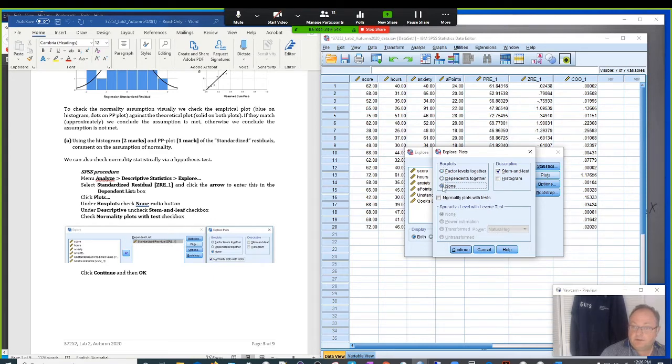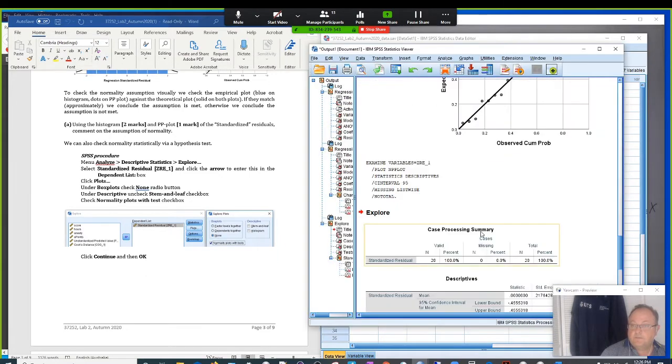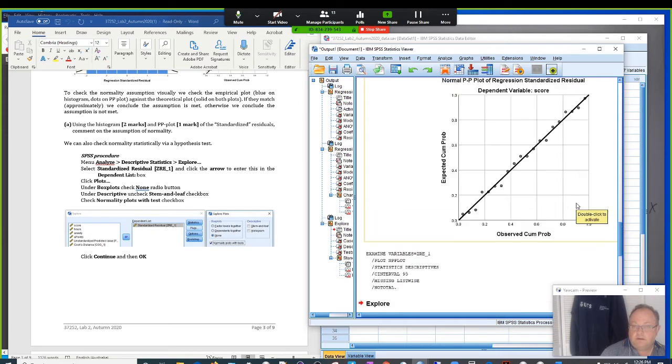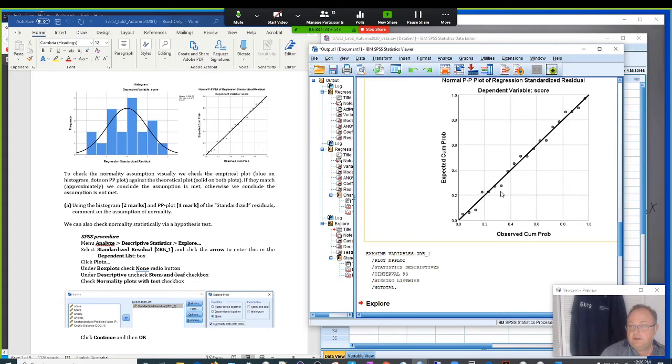We're not going to have any box plots at this point. Stem and leaf, we'll take that out. So that's the same one that we got up here. In this case we're testing to see that it's not way off. Now, having shown you that, what's an example of one that kind of falls off?